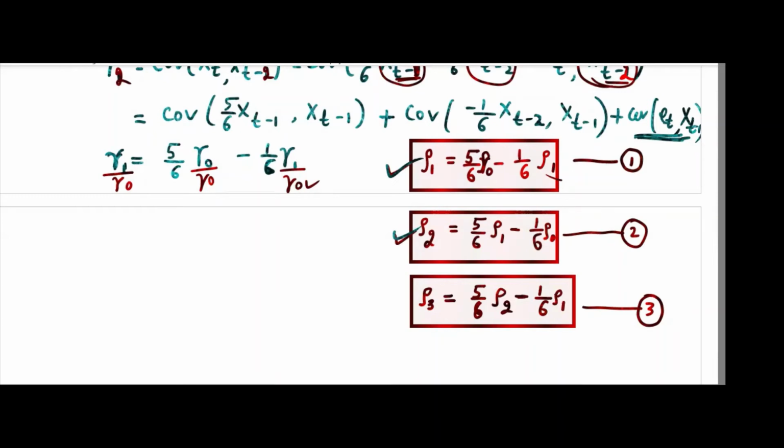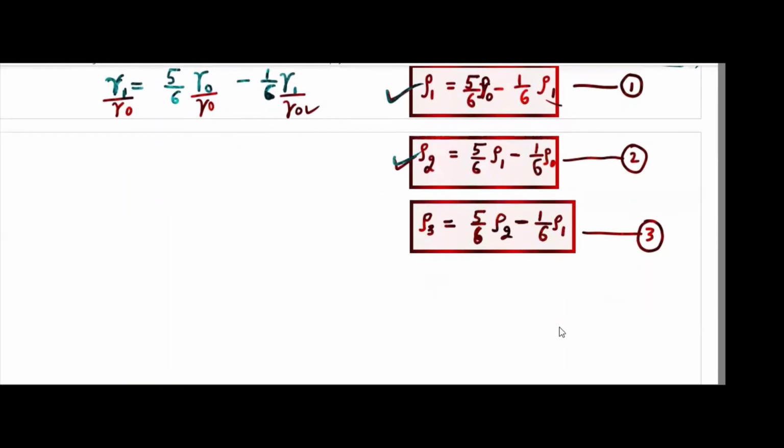That way if you write rho t, I can write 5 upon 6 rho t minus 1, minus 1 upon 6 rho t minus 2.